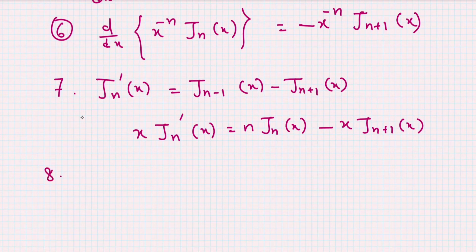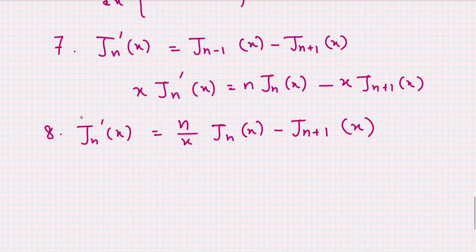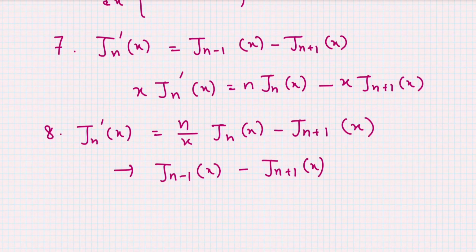Relation number 8, J n dashed x, this is equal to n by x J n x minus J n plus 1 x. This we can write, and another form is J n minus 1 x minus J n plus 1 x, this is equal to 2 J n dashed x. From these relations we can write these relations also.